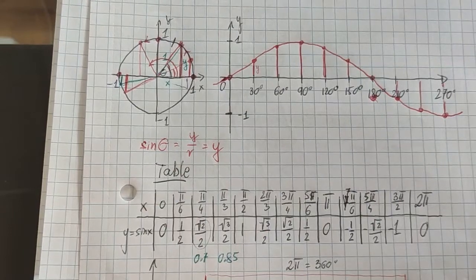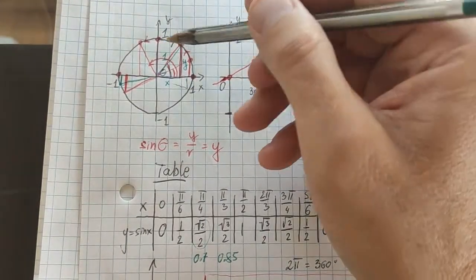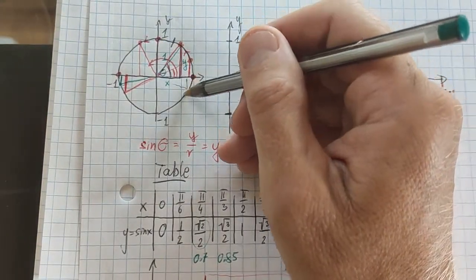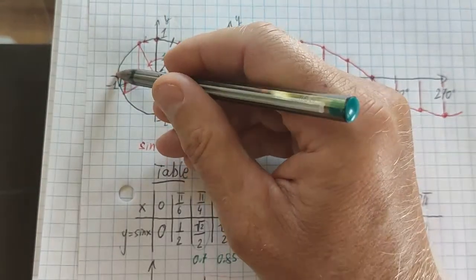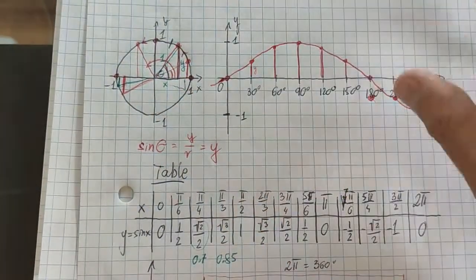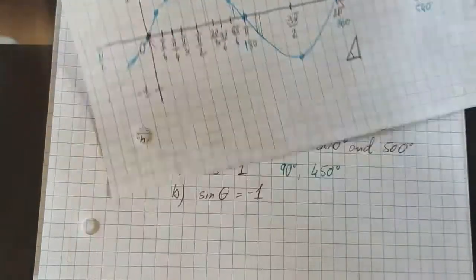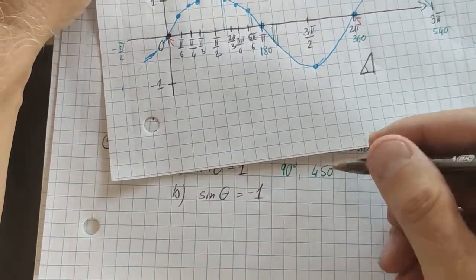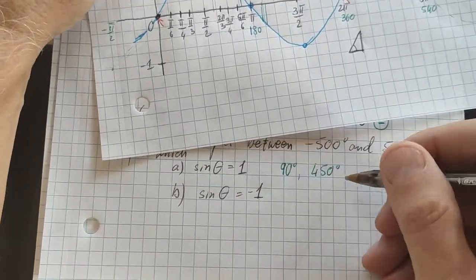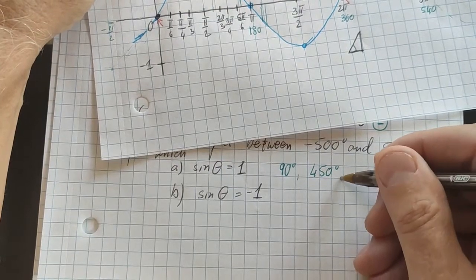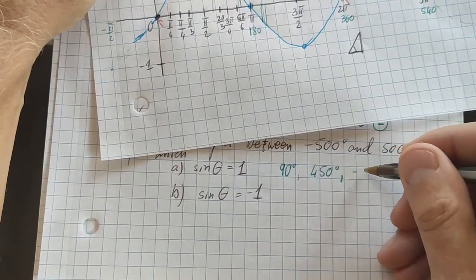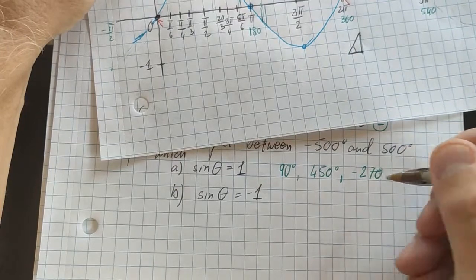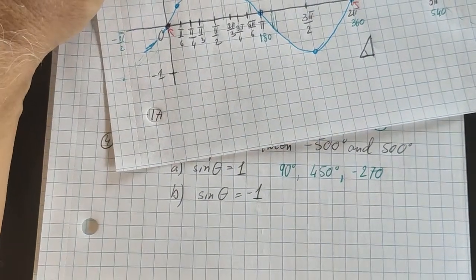I need to go this direction. This is 180, so negative 270 will be my first one, and I think that's it. So negative 270. Okay, I think that is it.